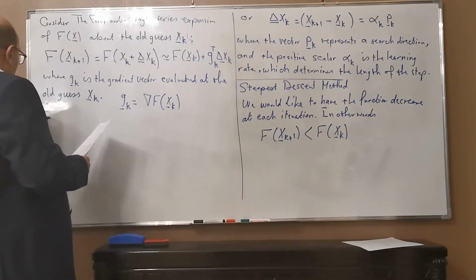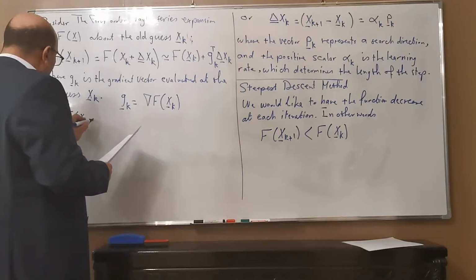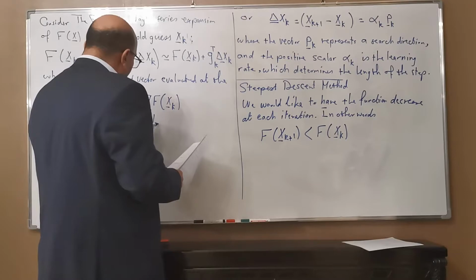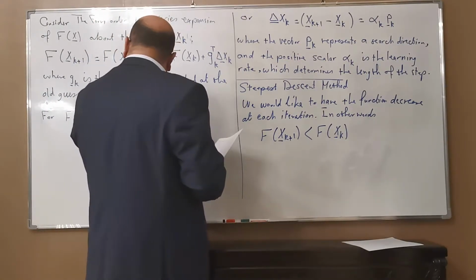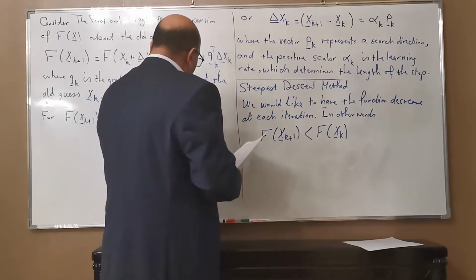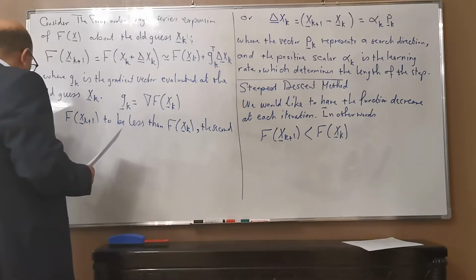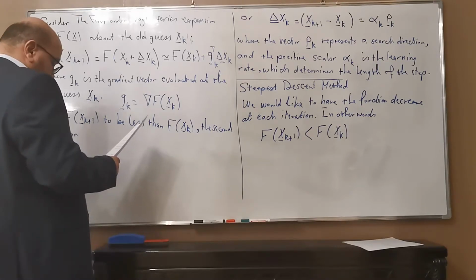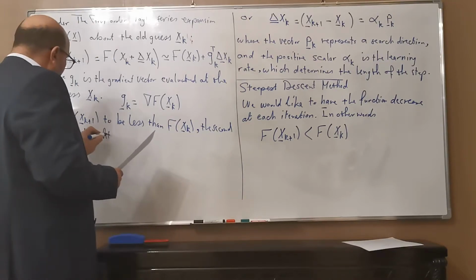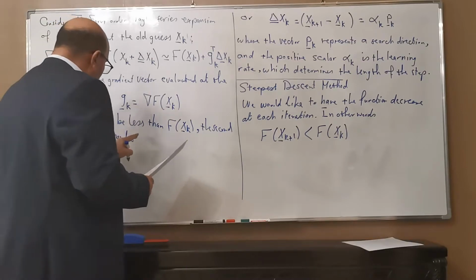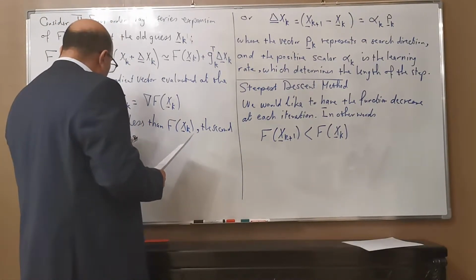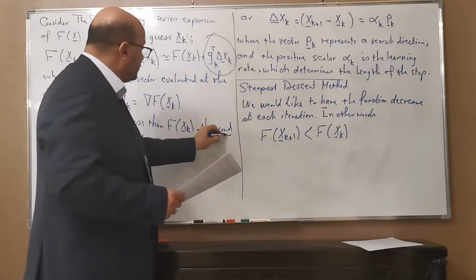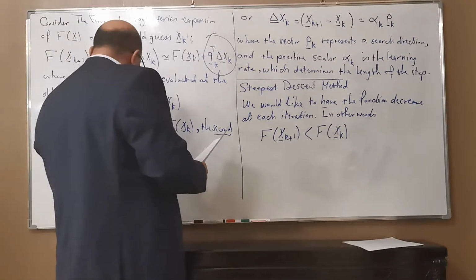Okay, for f of xk plus 1 to be less than f at xk, the second term on the right hand side, that is this one here, must be negative.